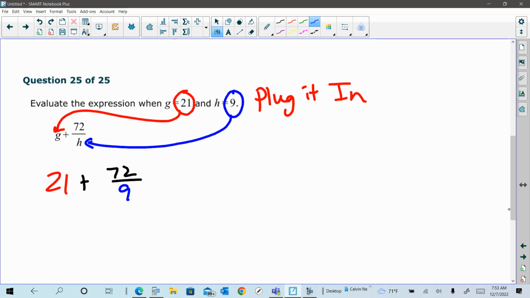You can simplify 72 over 9 because 9 can go into 72. Is that right? And then combine, because they want you to evaluate, means they want you to get to a numerical final answer. So this would just be 29.